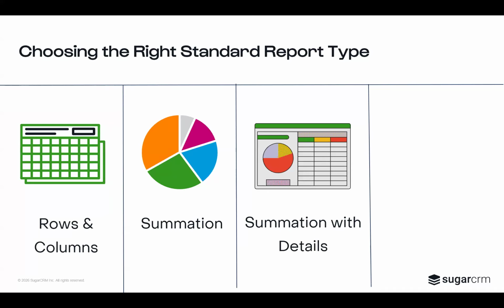So summation is just the values, and summation with detail is the values with all of the supported data in each one of those categories.